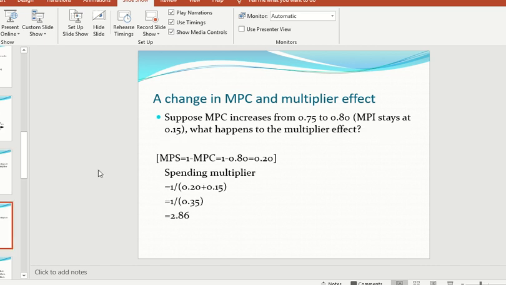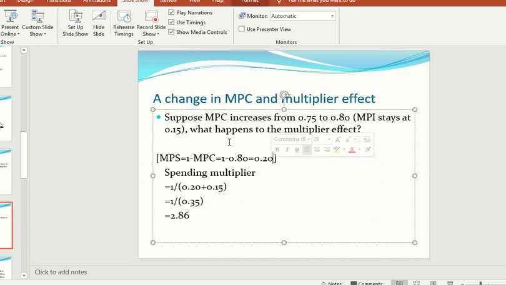So let's take a look at it. Let's try to find the size of the spending multiplier. So it's 1 over 1 minus MPC, and since we're given MPC, we can use 1 over 1 minus MPC plus MPI. So 1 minus MPC is simply equal to 0.2. And it happens to be equal to the marginal propensity to save.